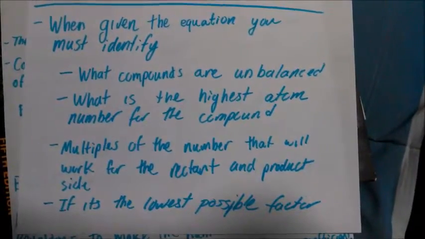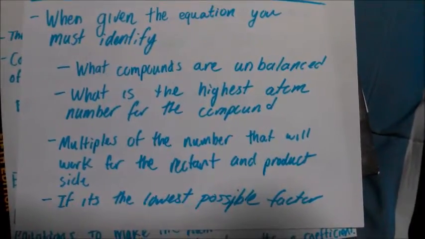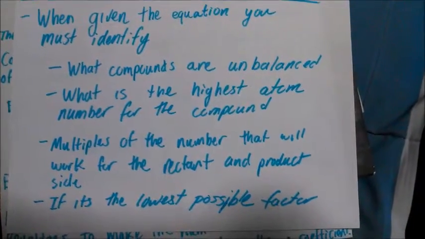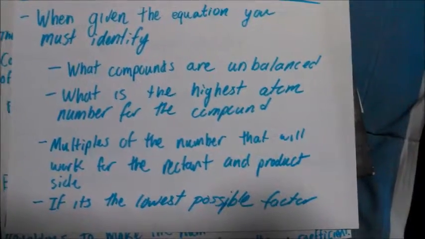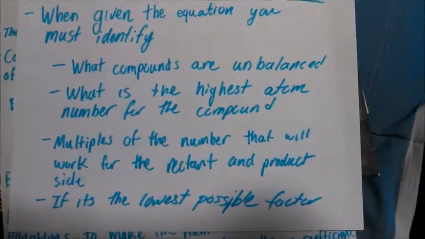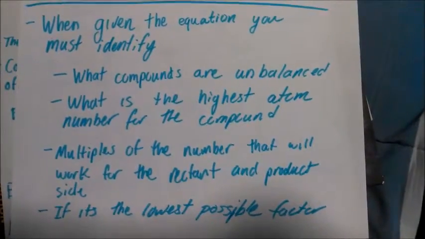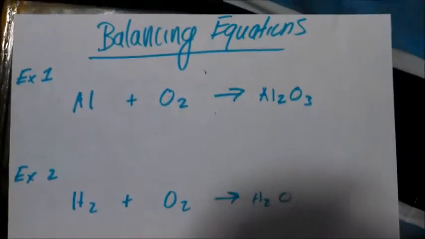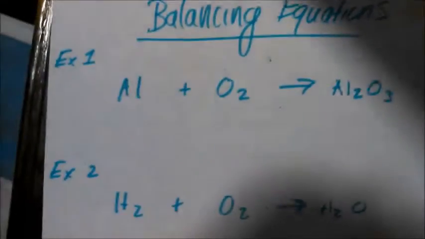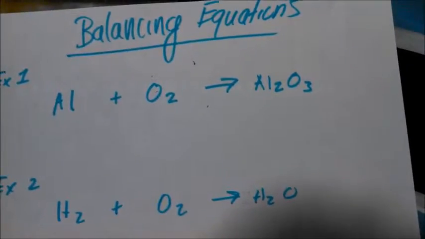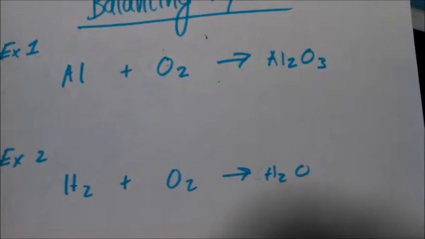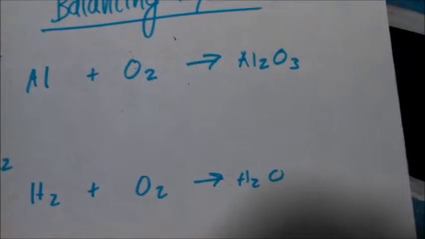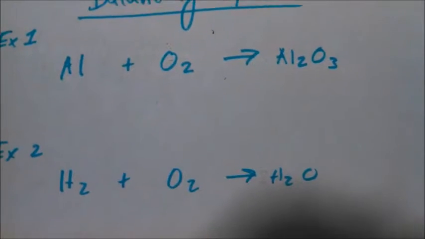Given the equation, you must identify these 4 things. What compounds are unbalanced? What is the highest atom number for the compound? Multiples of the number that will work for the reactant and product side to be equal. And once you're finished balancing the equation, check if it's the lowest possible factor. Let's start balancing some equations. With the 4 rules that I gave you, what compounds are unbalanced? Obviously the Al and the O2, they're not balanced with the products.